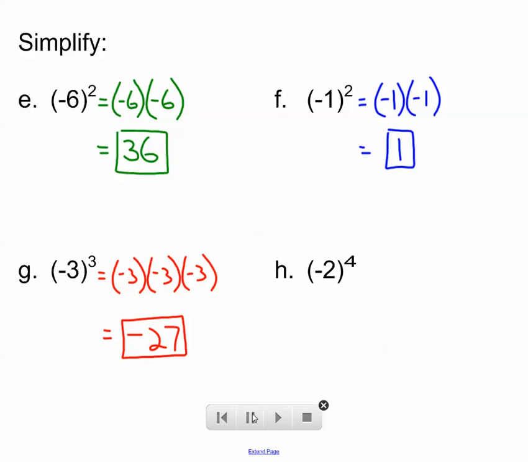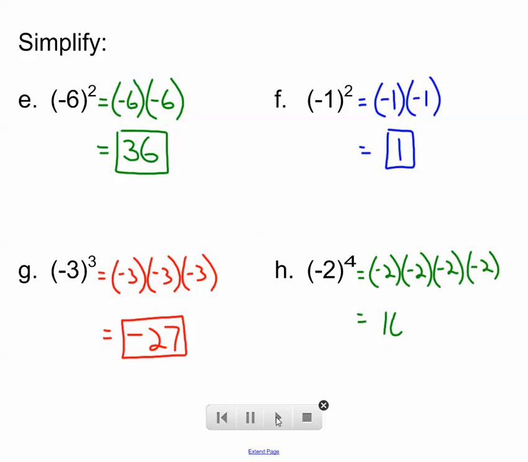And then -2 to the 4th power is -2 times -2 times -2 times -2. Okay. We could look at this as +4 times +4. You got a negative times a negative, which is positive, and you got another negative times a negative, which is positive. So we're just doing a positive times a positive.